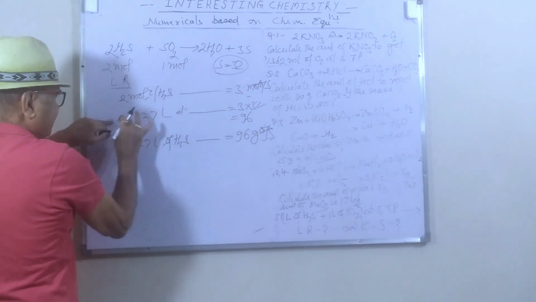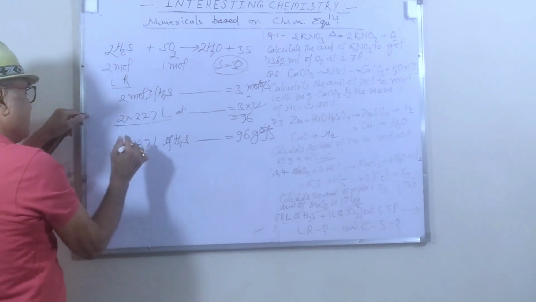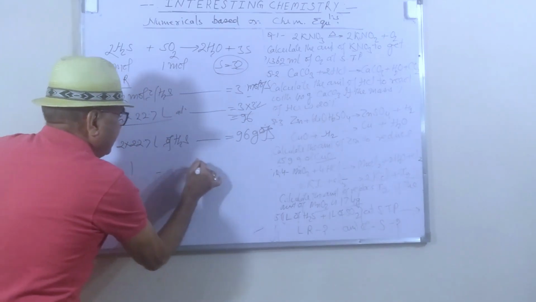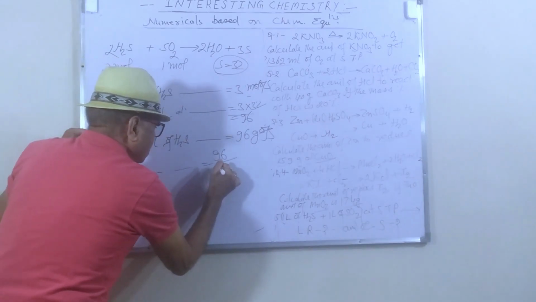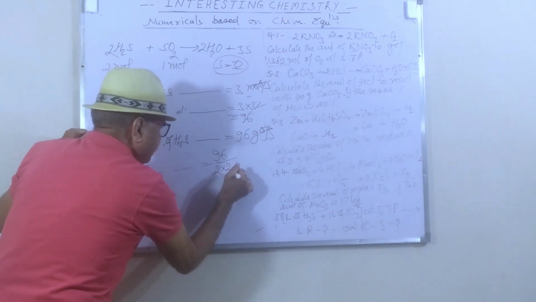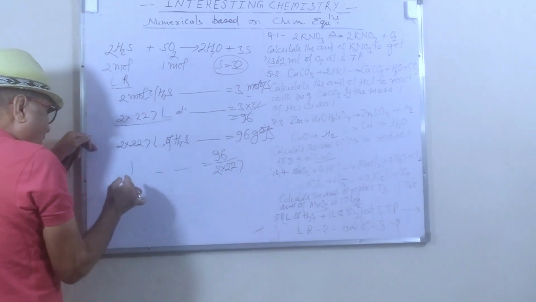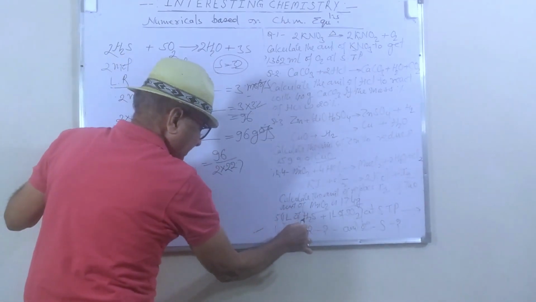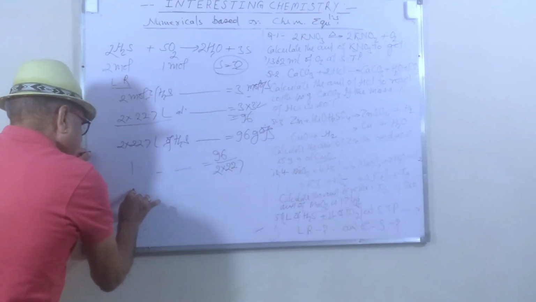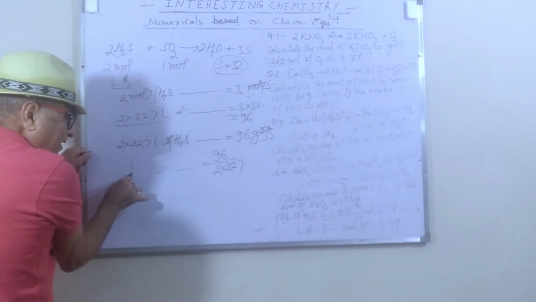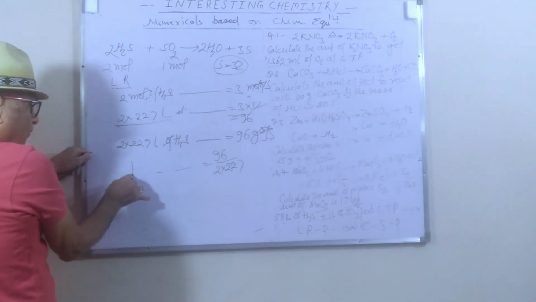So for 1 liter, you write 96 upon 2 into 22.7, since the volume of H2S given is 1 liter.